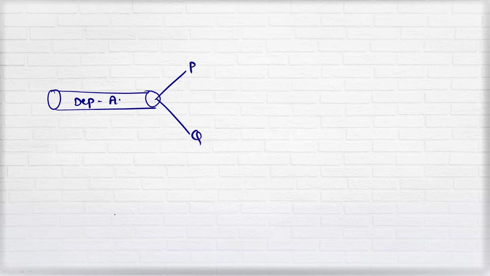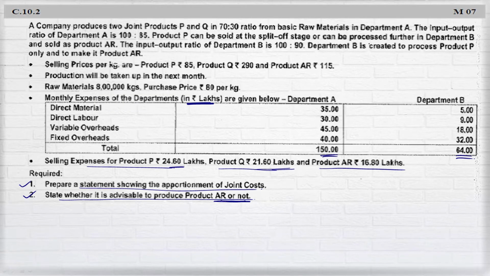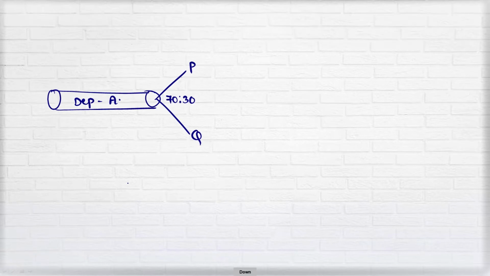P and Q. In which ratio? 70:30. From a basic raw material. The input output ratio in department A is 100:85. It is input output ratio of which department? Department A, which is 100:85.